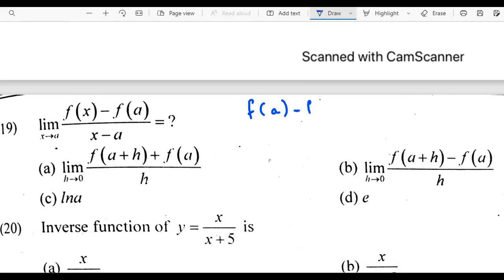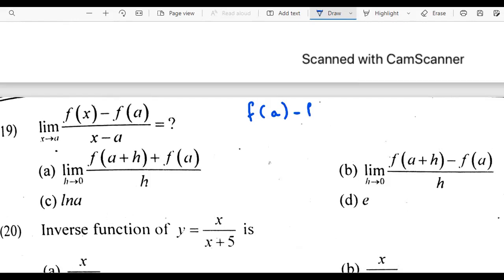f of a minus f of a divided by 0. But since this is again an indeterminate form, we need to talk about something equivalent. So basically the answer is B. Why?